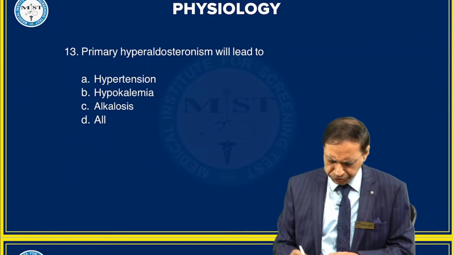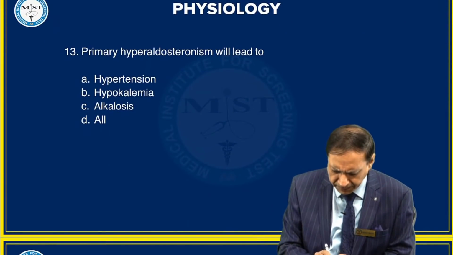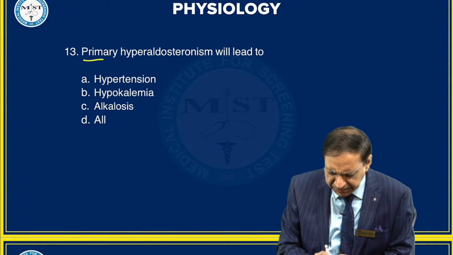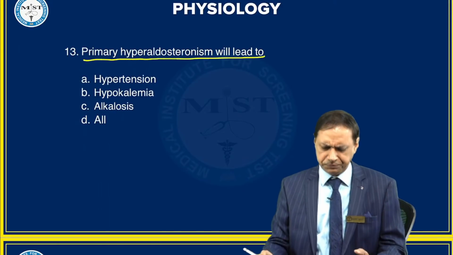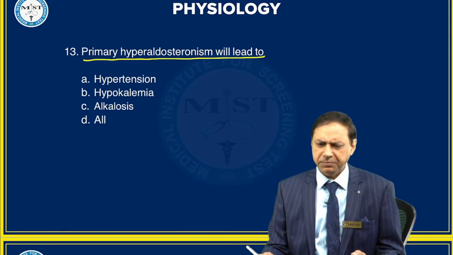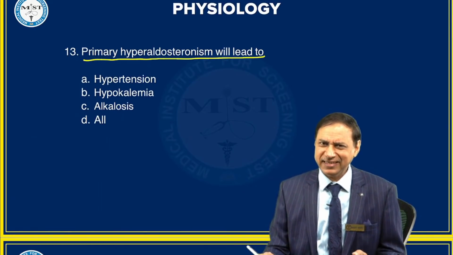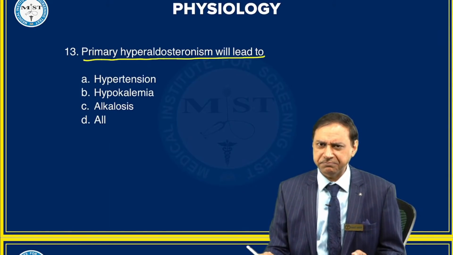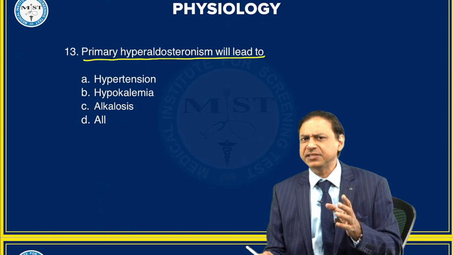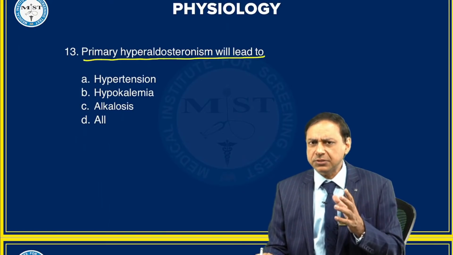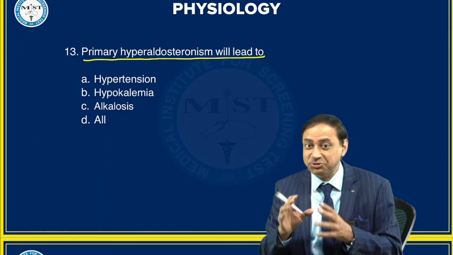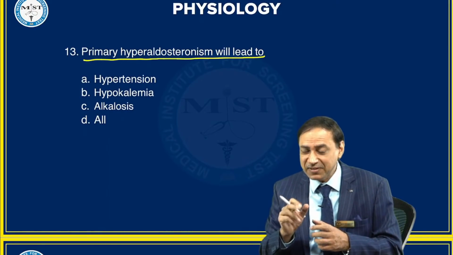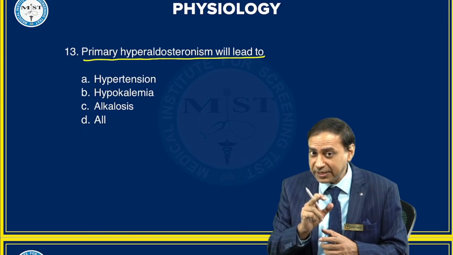Let's go to next question. Primary hyperaldosteronism will lead to what? Aldosterone is secreted from adrenal cortex, zona glomerulosa. And what is the function of this hormone aldosterone?